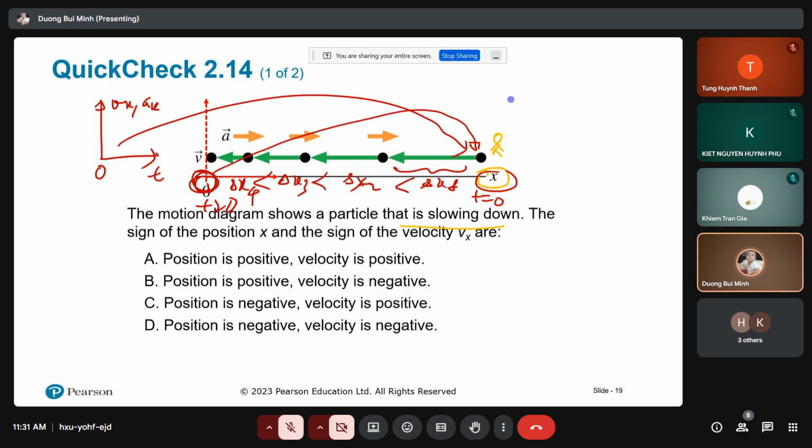So if we choose the coordinate here, at the beginning is xi here, right? And then x1, x2, and so on. So x is negative, right? X is negative, and the velocity is also negative.